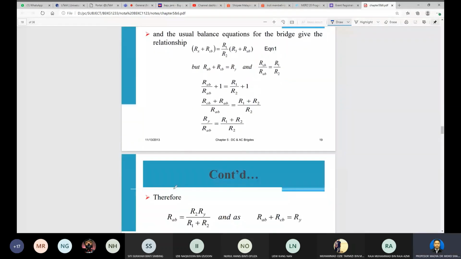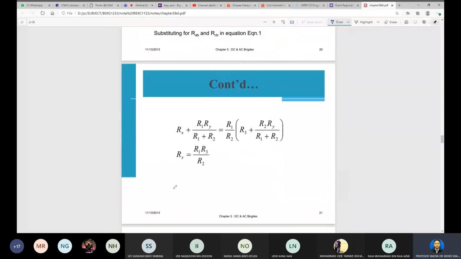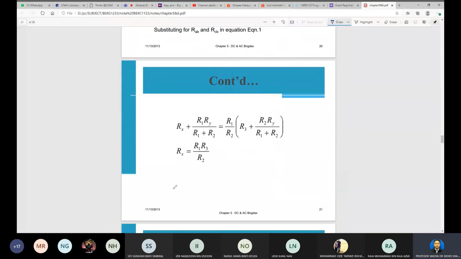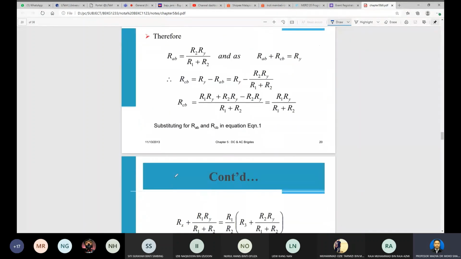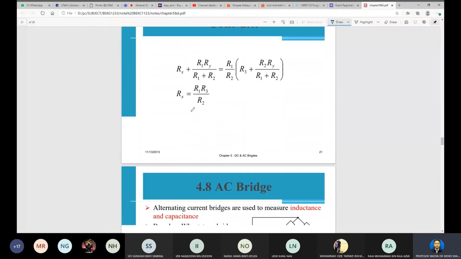The formula derivation already exists to get the values of RAB, RCB, and so on. You have to remember the formula for how to calculate RX, and also RAB and RCB.